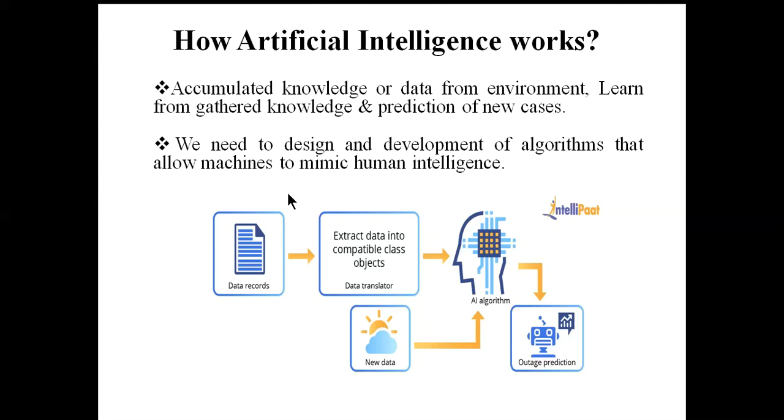Now the next objective is to extract useful information from those data and store it. This section can be called the data translator. Now the most important part is the AI algorithm. So what is the AI algorithm? Basically this unit is responsible for taking correct decisions or for prediction.